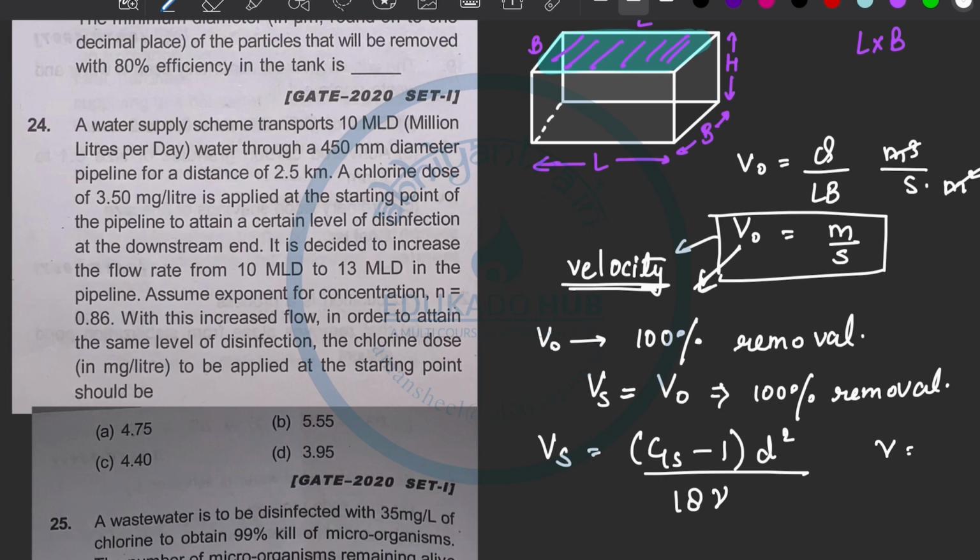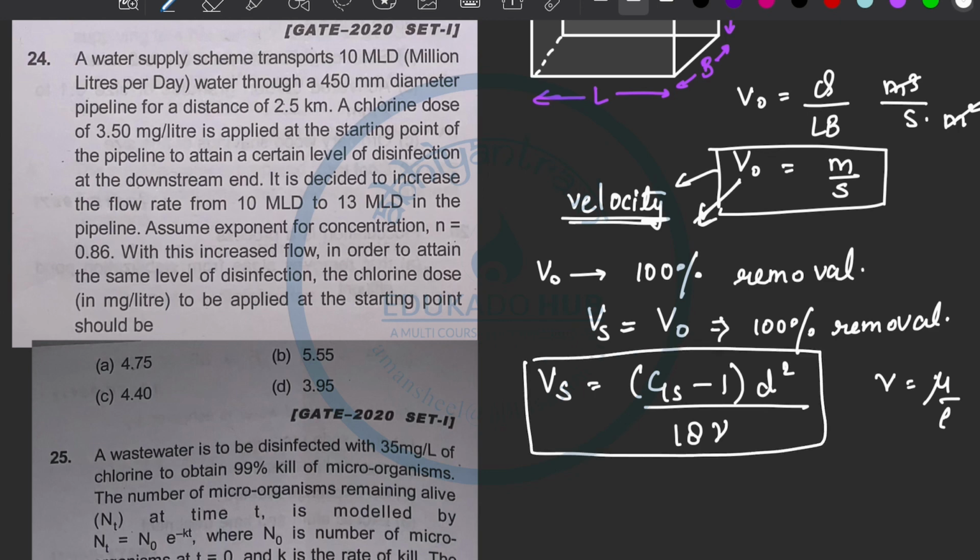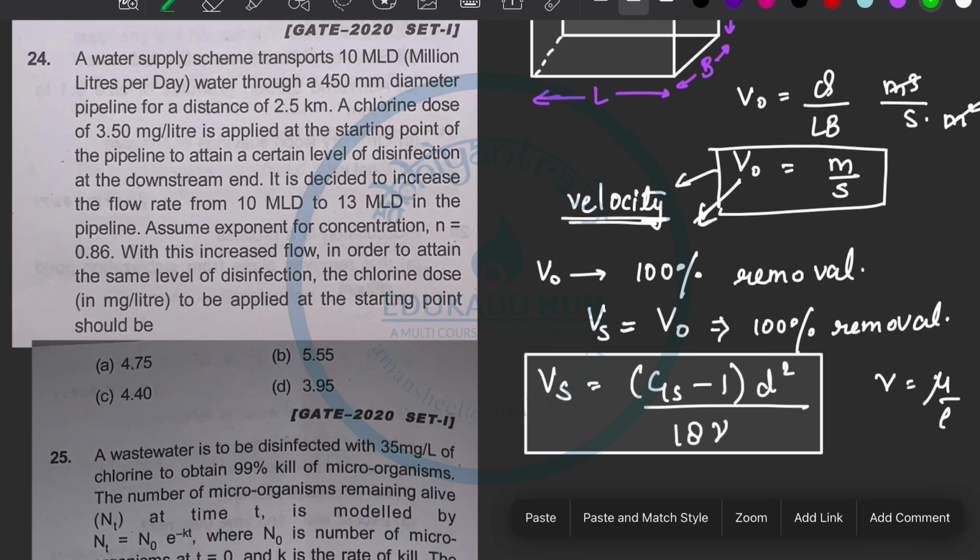Nu is nothing but mu upon rho. So rho (Gs minus 1) d square upon 18 mu is also a settling velocity formula. So we can say settling velocity depends upon the particle specific gravity, the viscosity, and the diameter of the particle specifically, right? So settling velocity is this thing.